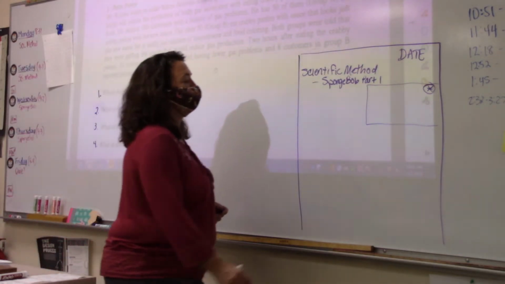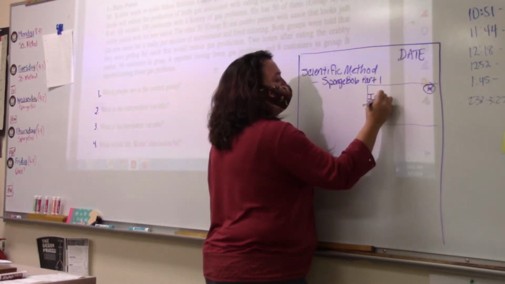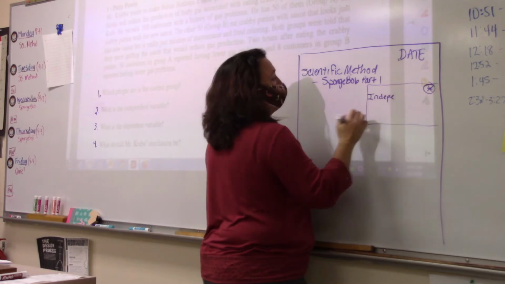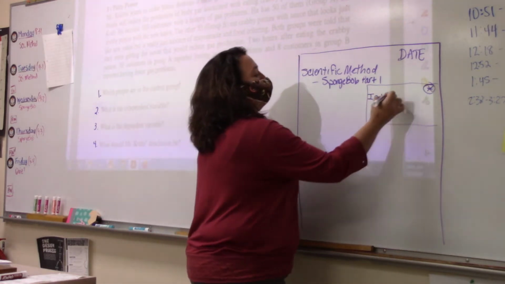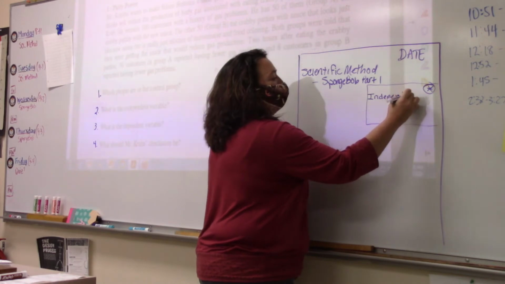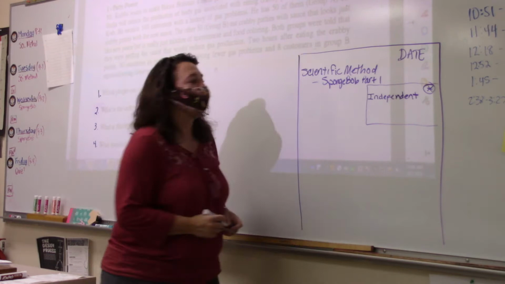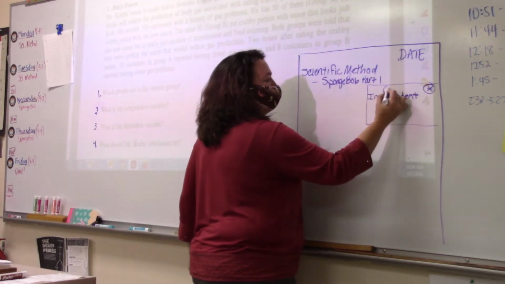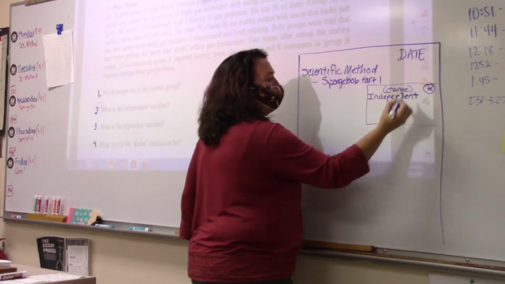You're gonna know why. So on your second line, write the word independent. And that, if you can't see that, it's on your handout. So get in the habit of spelling it correctly. And above that, in parentheses, I want you to write the word change. This is the variable that we're changing.